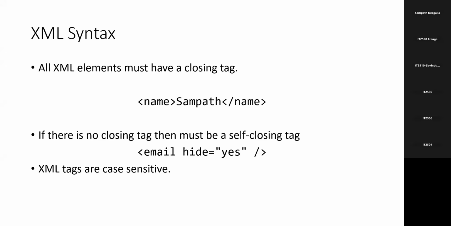If you do not have the close tag separately, for example, in our previous email, that might be an error that you have made. Sometimes if you're a beginner, you might miss this. If you have no closing tag, then you have to have a self-closing tag. This is what we say. And I think I discussed that it's case sensitive as well.